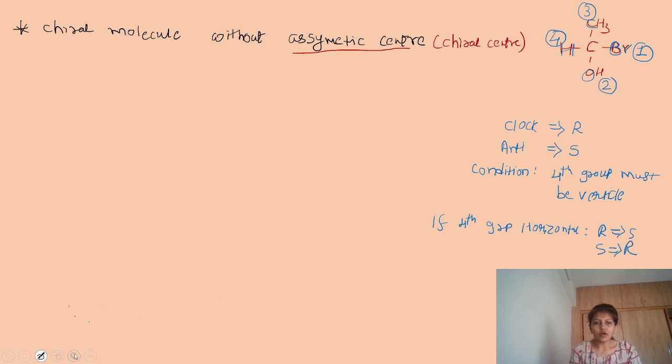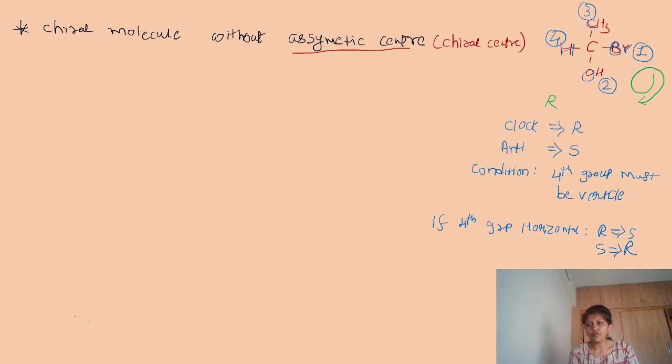Okay, so I will explain what this means. See here, in the arrangement 1 to 2 to 3, this is the 1, this is the 2, this is the 3. The arrangement is clockwise, so it is R. Then next we have to see the position of the fourth group.